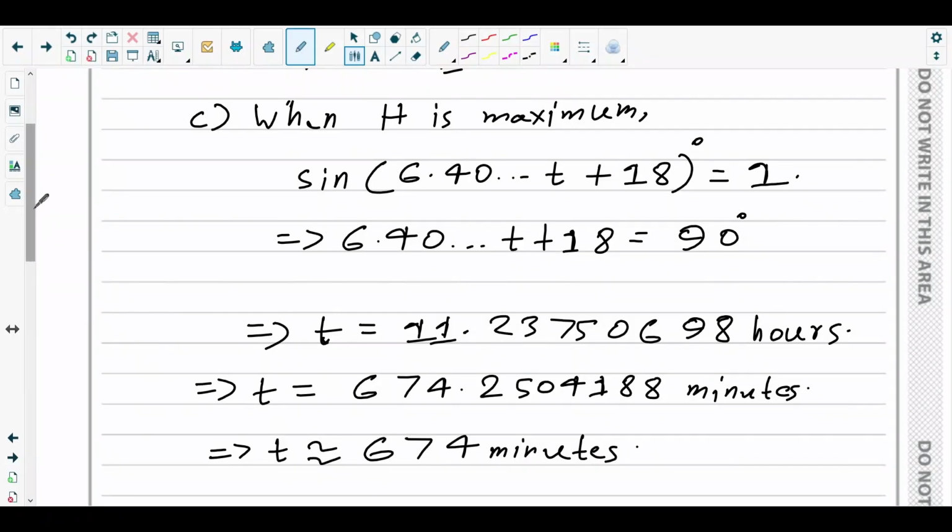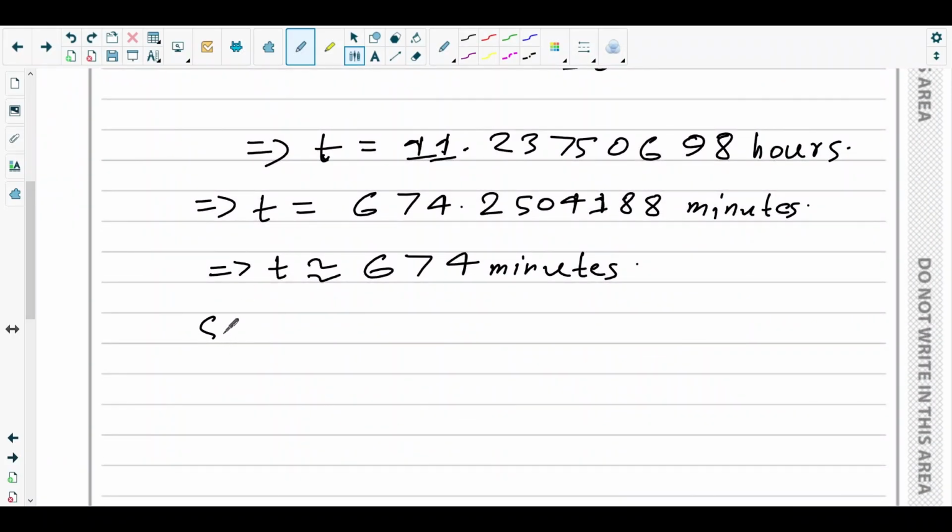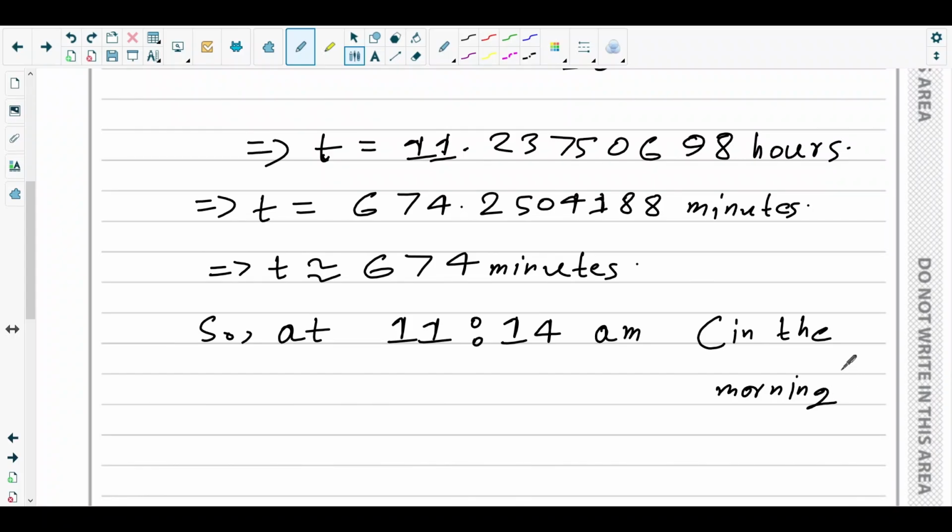So what time will 674 minutes be? At 660 minutes, it is basically 11 hours. So 660 plus 14 gives 11:14 a.m., or you can say in the morning, because the time is being calculated after midnight.